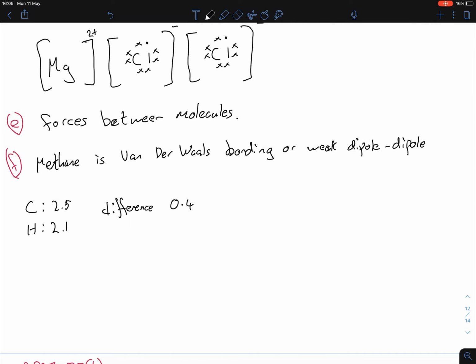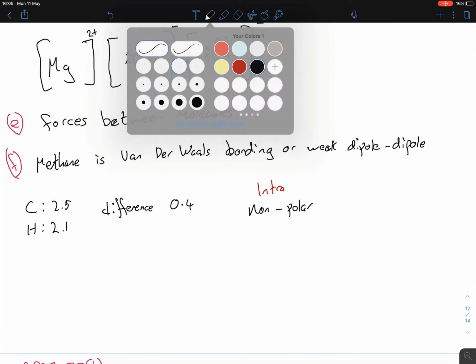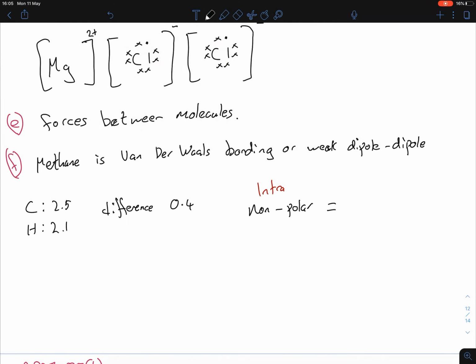Okay, so getting back to it, if it's non-polar, for the intra, then that usually equals van der Waals. Inter.